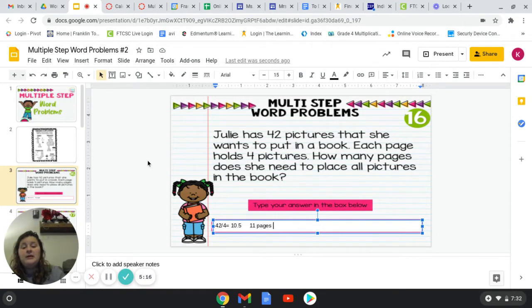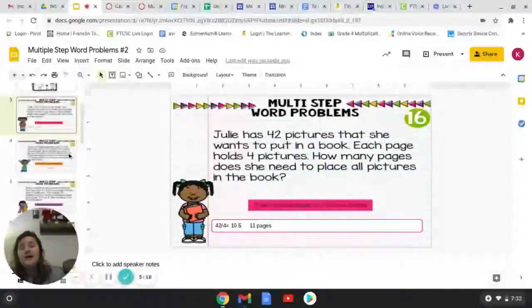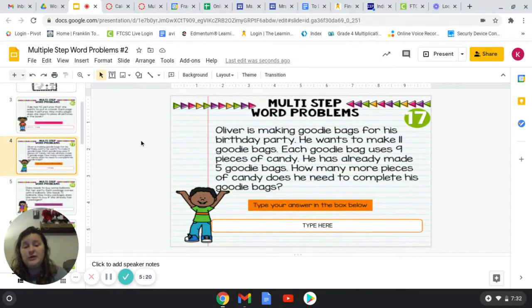So I'm going to go ahead and do problem 2 with you guys. And this one is saying that Oliver is making goodie bags for his birthday party. He wants to make 11 goodie bags, and each goodie bag uses 9 pieces of candy. He has already made 5 goodie bags.